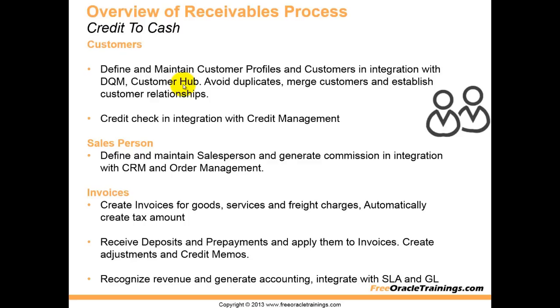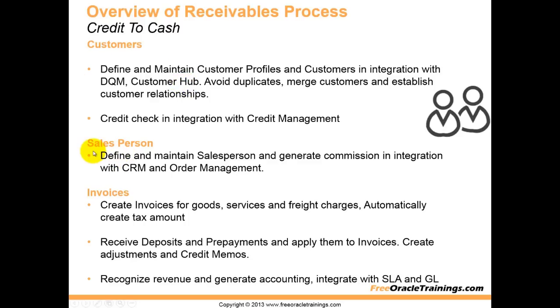So the first step in the receivables process is to define your customer profiles, then customers, and then you've got to define other roles, for which you can leverage the Oracle Credit Management module to define further credit roles there. Then you have to define salesperson.